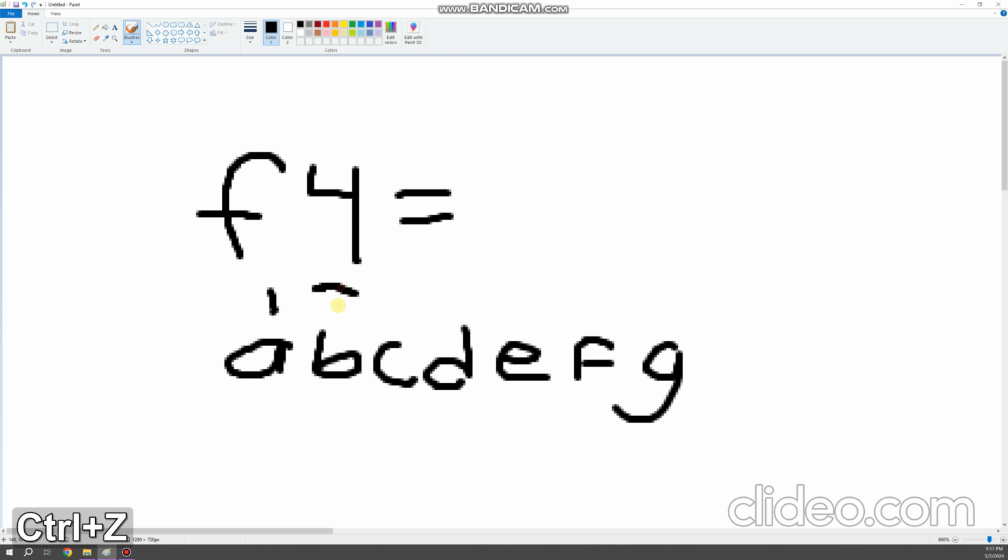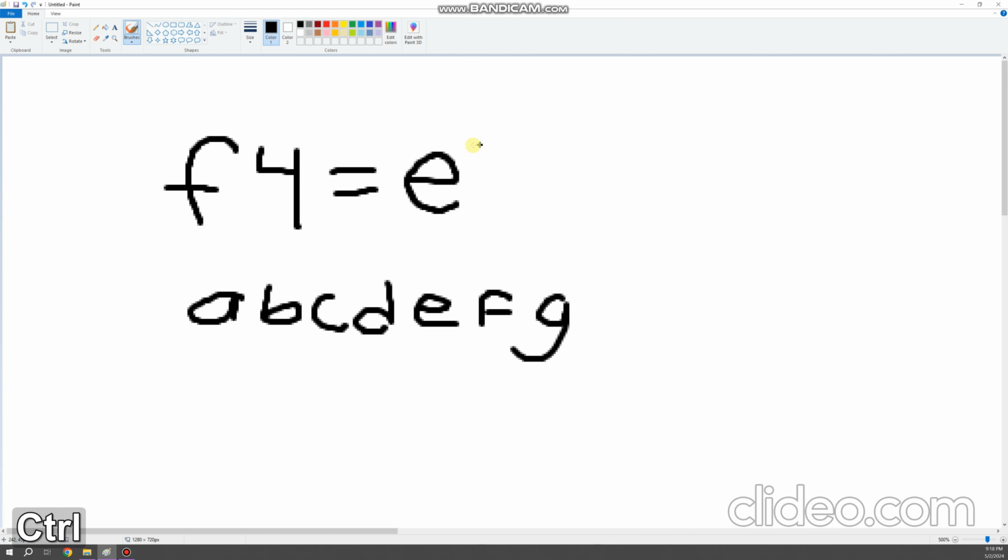The 4th letter of the alphabet is D. Then according to our formula, we add 1. D plus 1, the 4th plus 1 is 5. 1, 2, 3, 4, 5. So F4 is equal to E.